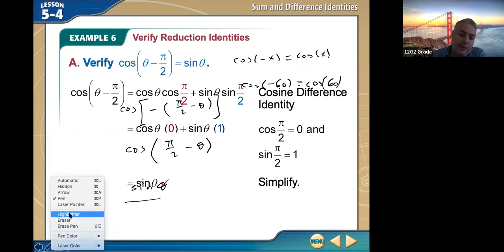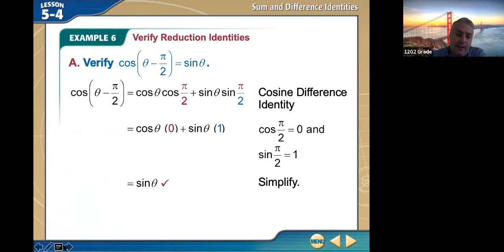Let us see the solution here, and let me explain. Cosine of theta minus pi over 2, it says use the rule. If this is x and this is y, cos x times cos y plus sine x times sine y. And then cosine theta is cosine theta. Cosine of 90 degrees. 90 degrees is here.